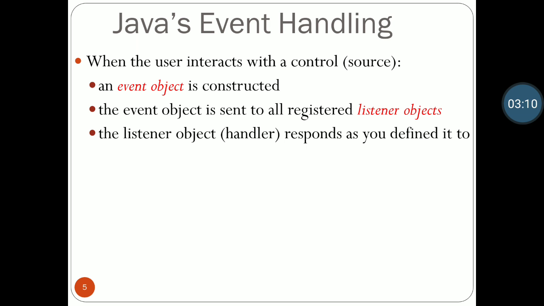The listener objects are basically handlers that respond as you define. Means if you are creating a button and clicking it, you have to define what is going to happen after clicking it.